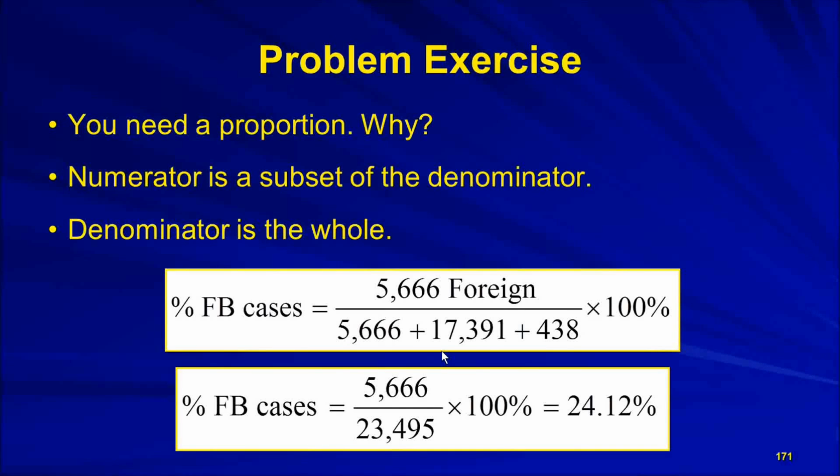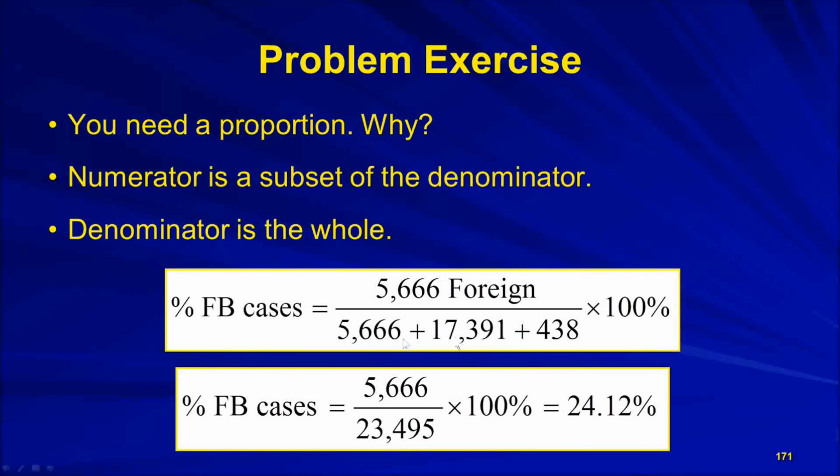And here we go. So what we did, because we knew if we go back and look at the original pie chart, which you can see that 5,666 were foreign-born. That's the first value repeated in the denominator, plus the additional ones who were U.S. born, plus the unknowns.